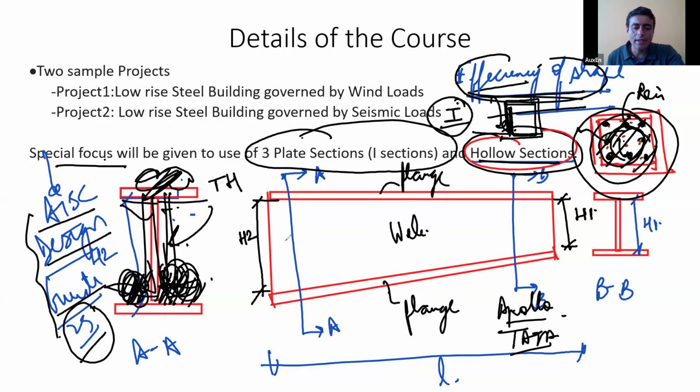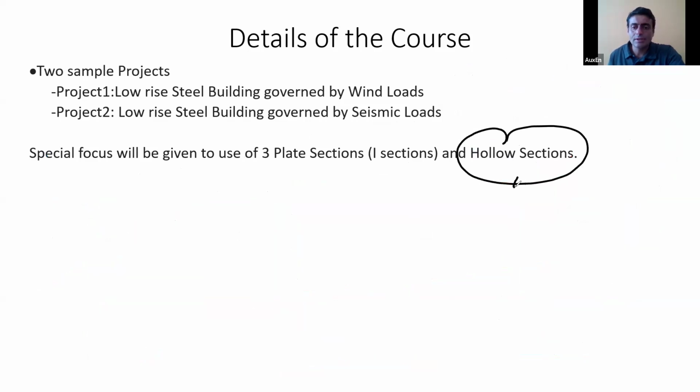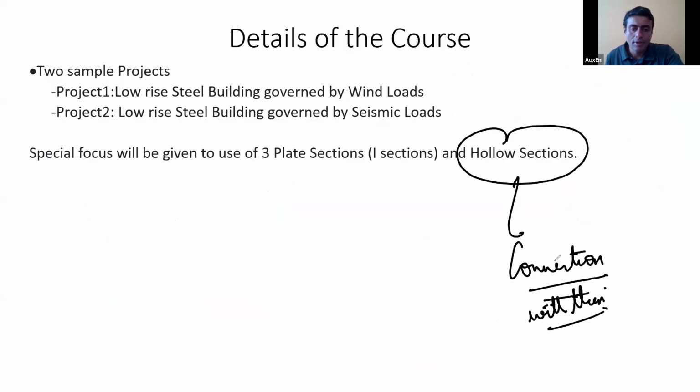Another problem, as he very rightly pointed out, is the connections. So it becomes difficult to make connections with hollow sections. Two hollow sections, making connections with them is slightly tricky. Especially creating moment connections is very difficult with the use of hollow sections.